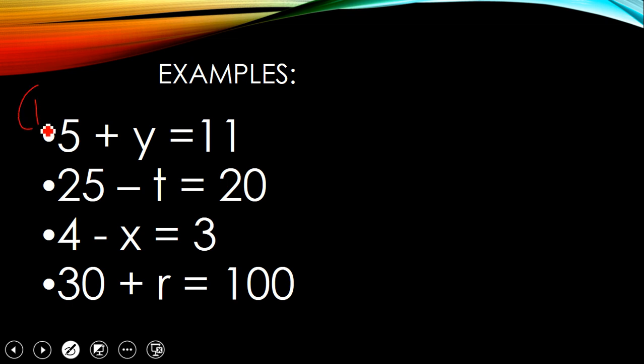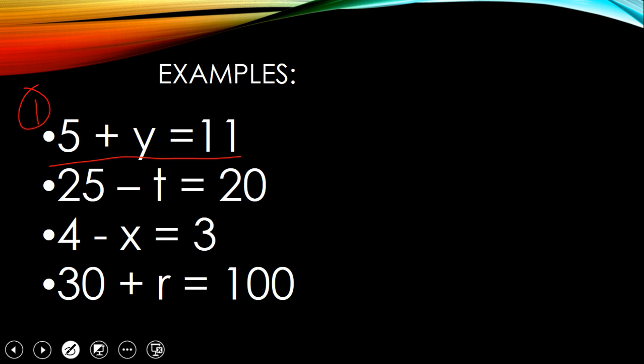If we look at this one, let's call it number 1, it's 5 plus y equals 11. If I just knew my basic math facts, which I do, and you guys do as well, you should know all of your basic facts up to 20, then you know that 5 plus 6 equals 11.